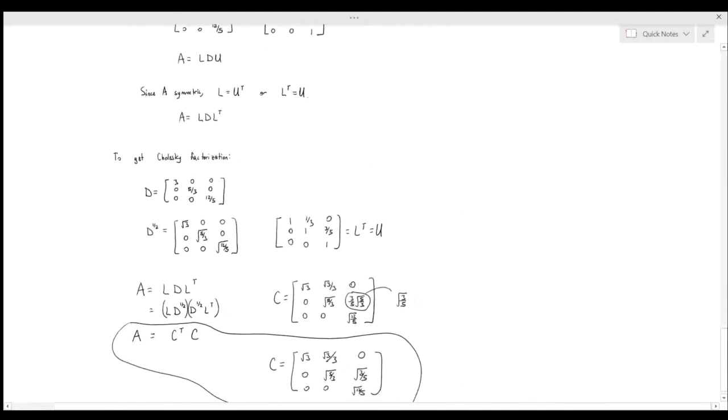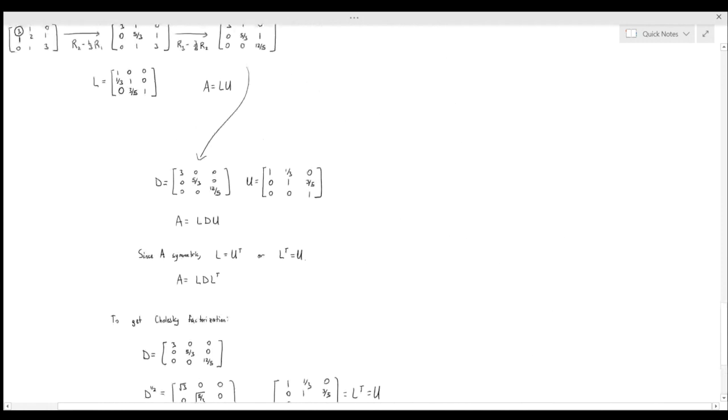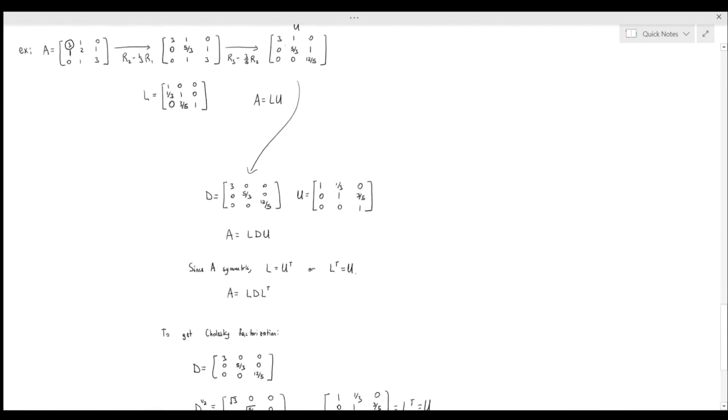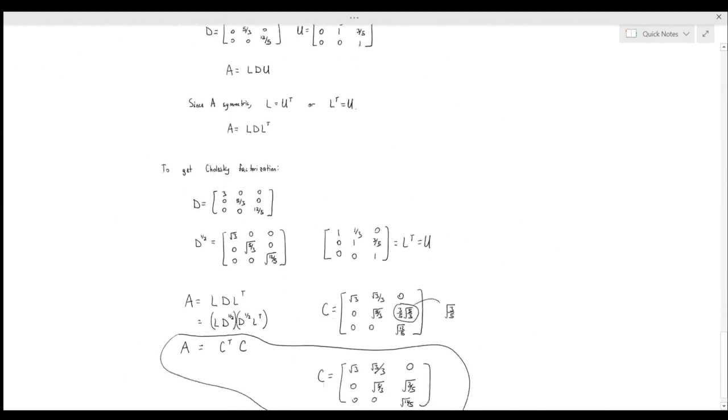So then the general procedure for calculating the Cholesky factorization. So remember, first it only applies if your matrix is positive definite or positive semi-definite. If that's the case, just find the LDU decomposition. That will turn out to be an LDL transpose decomposition, although I think that's not super important for us.